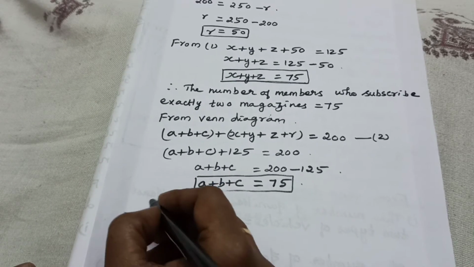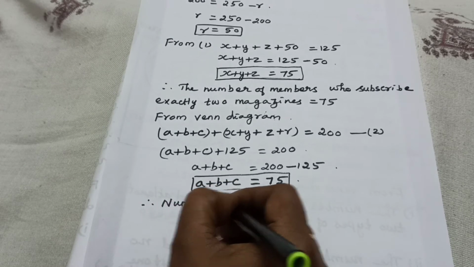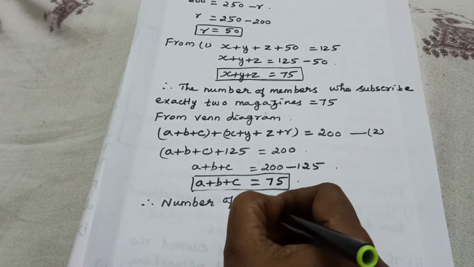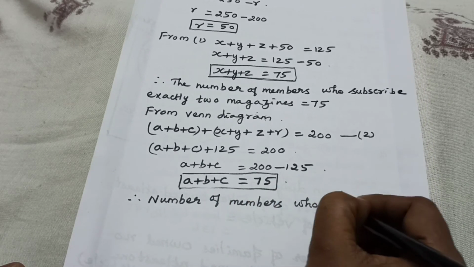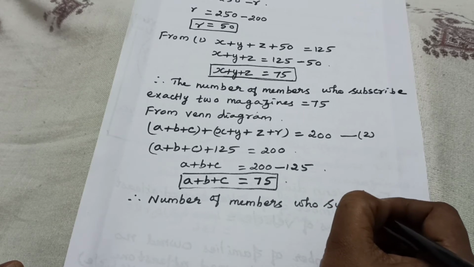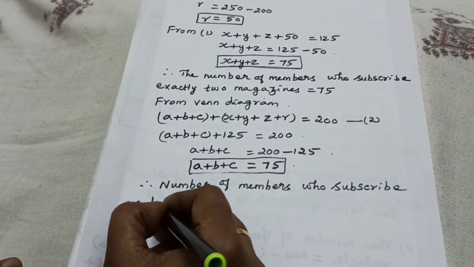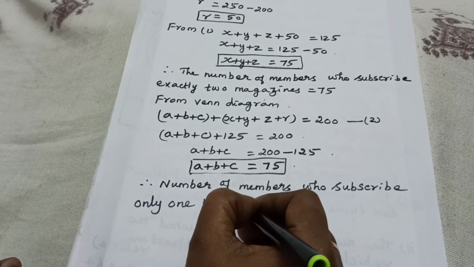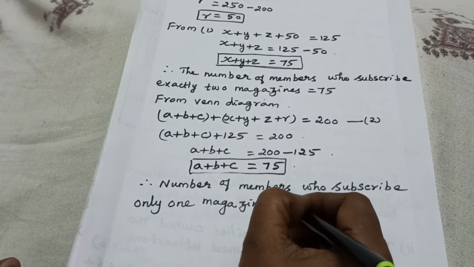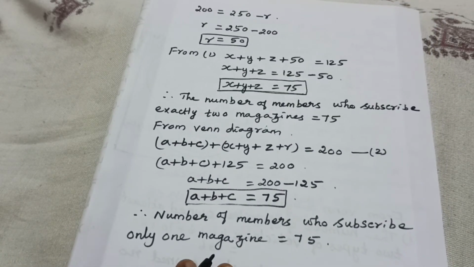Therefore, the right answer: the number of members who subscribe to only one magazine is equal to 75. Have you understood? Any doubt?